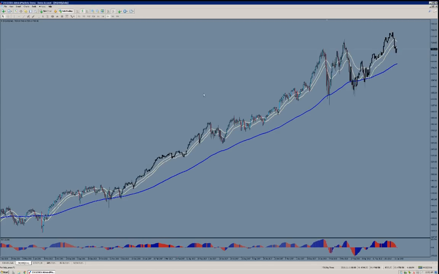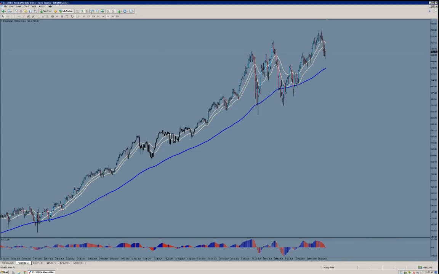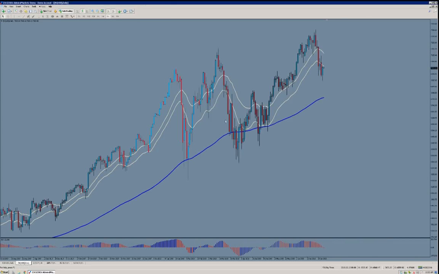So you can use the moving averages not just for trading with the trend direction, but also for gauging potential reversals. Like I said before, the first warning sign here is that price tested these long-term moving averages and then pushed back up.